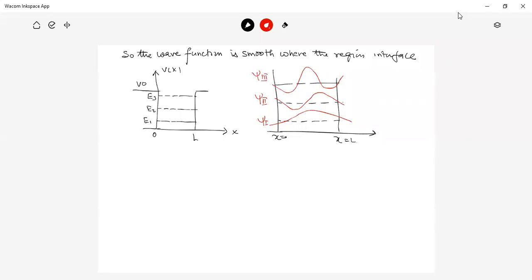It corresponds to the energy level, and we can also plot the potential, energy level, wave function, and probability.